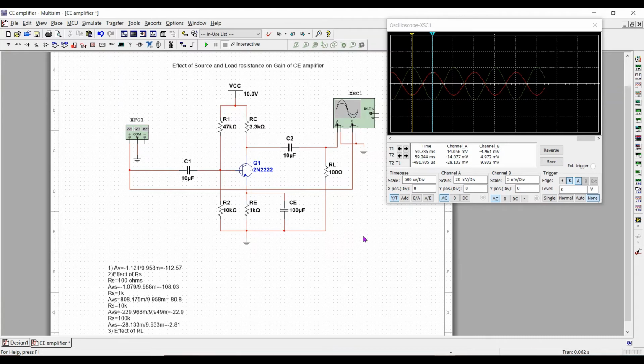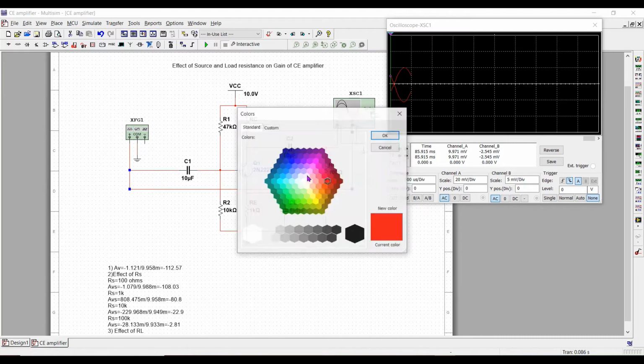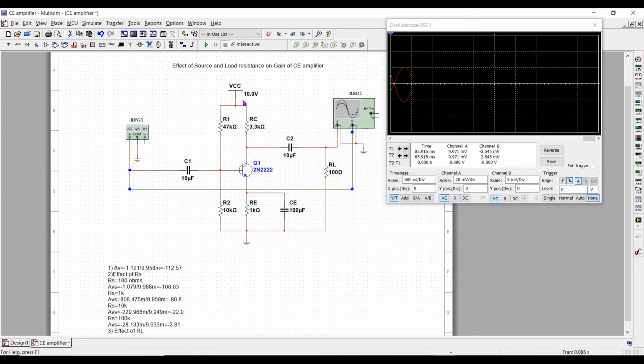Okay, so one point is connected to the capacitor, another is connected to ground. Simulate it. Just change the segment color for input so that we can distinguish between input and output waveform.